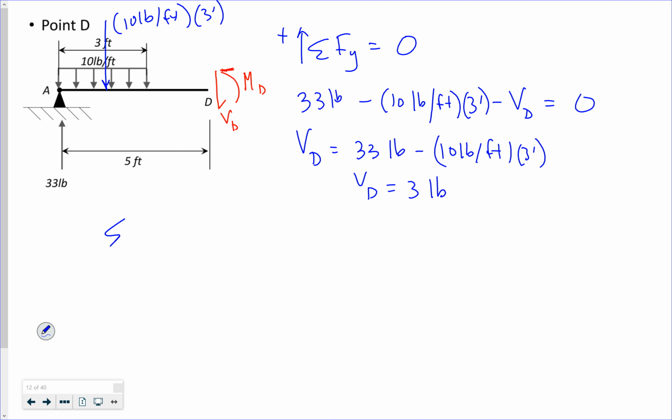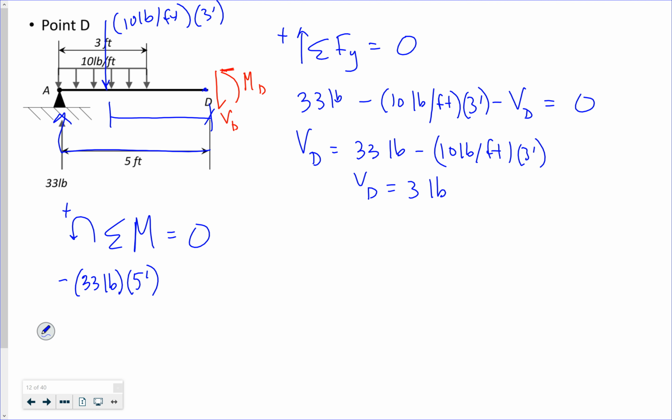Now if I take the sum of my moments at D equal to 0, I have 33 pounds acting at 5 feet and then up, so acting clockwise, which is negative. I have this, which is 5 feet minus 3 feet over 2, minus 1.5 feet.